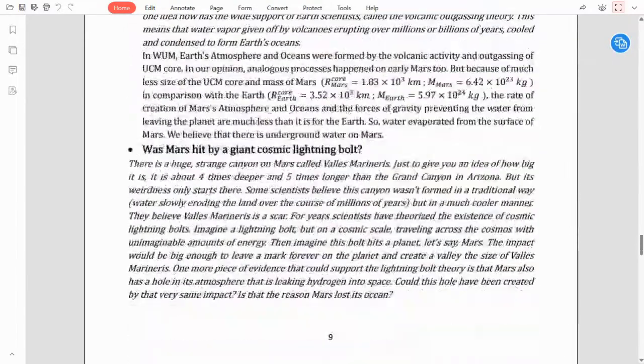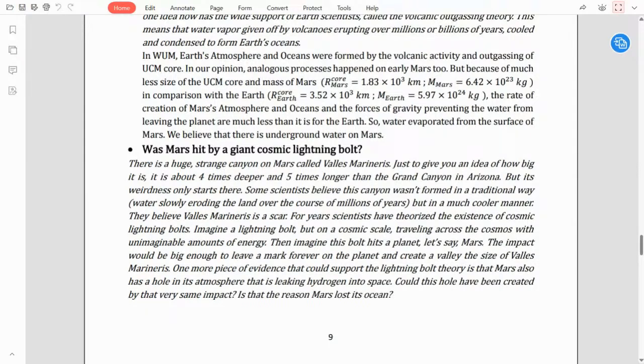In our view, Earth's atmosphere and oceans were formed by the volcanic activity and outgassing of the UCM core. In our opinion, analogous processes happened on early Mars too.